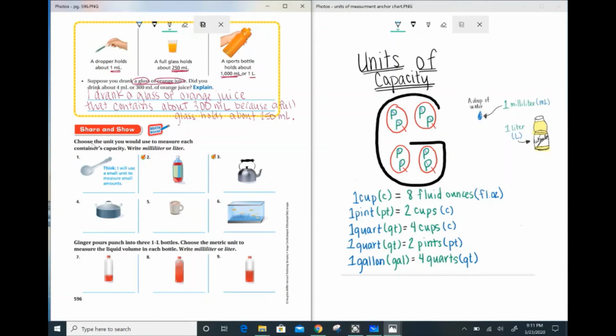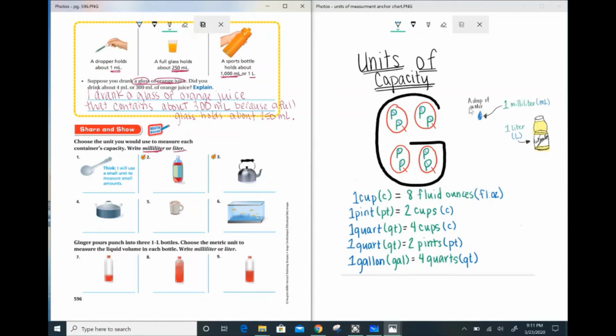So it says choose the unit you would use to measure each container's capacity. So we're going to write either milliliter or liter. This is a little spoon. So I know, looking over here at my anchor chart, that a liter is about the size of a Gatorade bottle. And 1 milliliter is like a little water droplet.